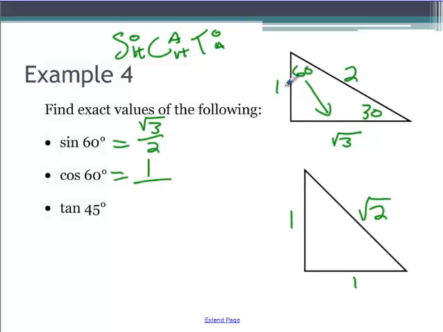The side touching 60 is 1. The hypotenuse is 2. And tangent of 45. It doesn't matter which angle we pick here because both of these are 45. We'll get the same regardless. So tangent of this, let's do opposite. Opposite is 1. Adjacent is 1. Tangent of 45 is just 1.